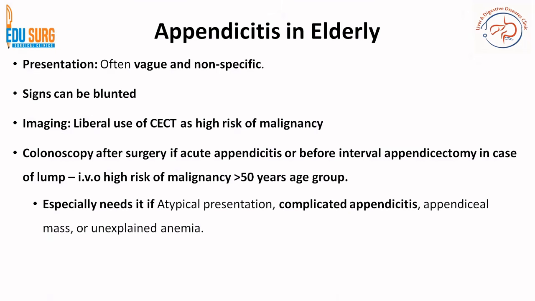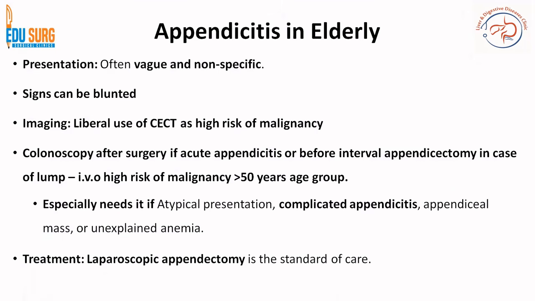So especially when the patient has an atypical presentation, a history of complicated appendicitis, appendiceal mass, or unexplained anemia, this is a specific age group where you need a contrast enhanced CT plus a colonoscopy before going in for surgery. Treatment in this group is also laparoscopic appendicectomy.